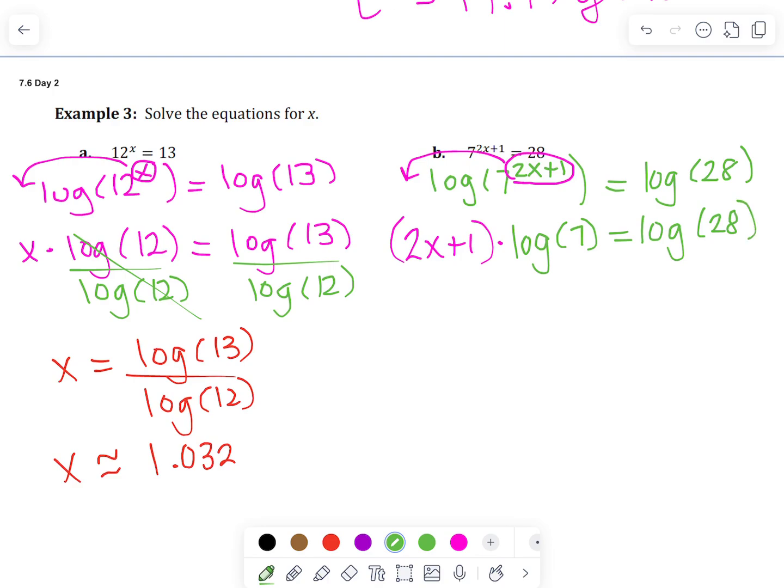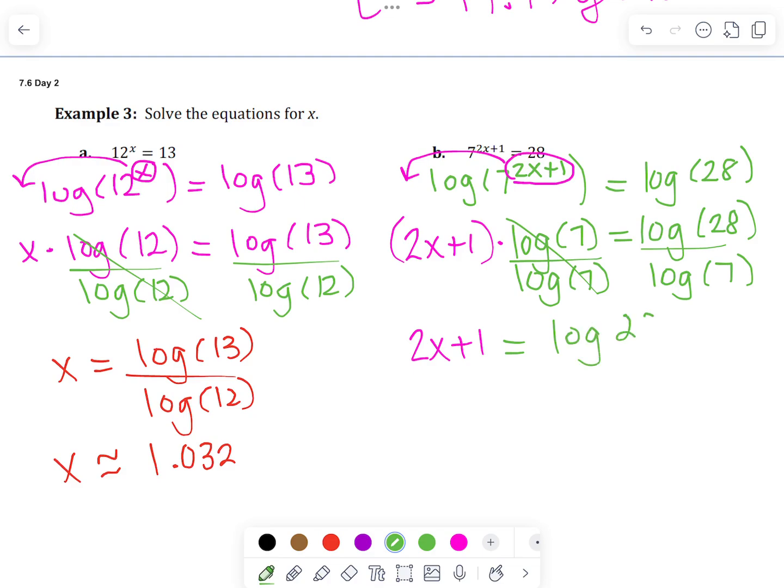Now we're going to go ahead and divide both sides by the log of 7. That moves that to the right side. So on the left we have 2x plus 1 equaling log of 28 divided by log of 7.